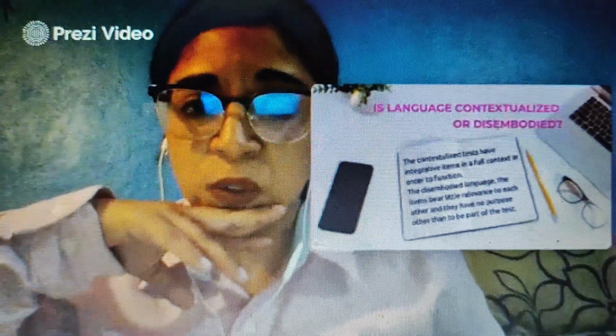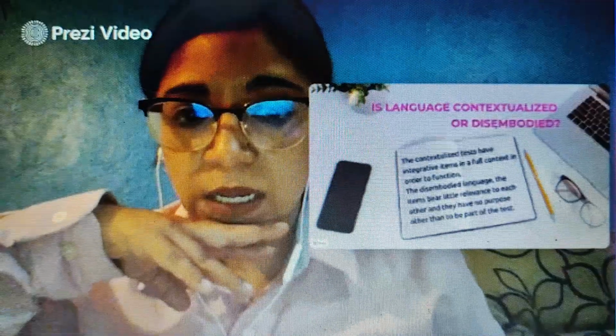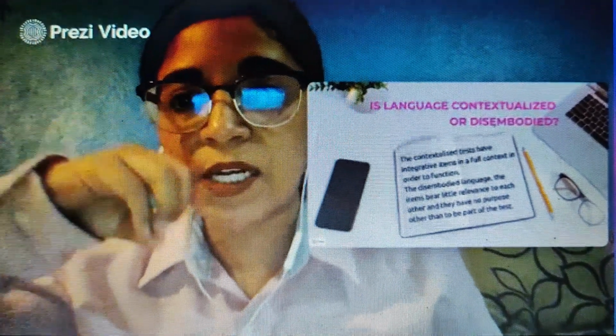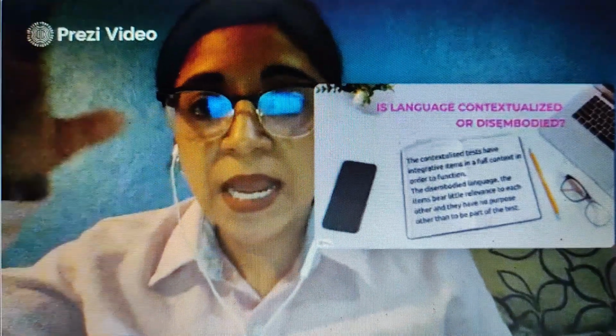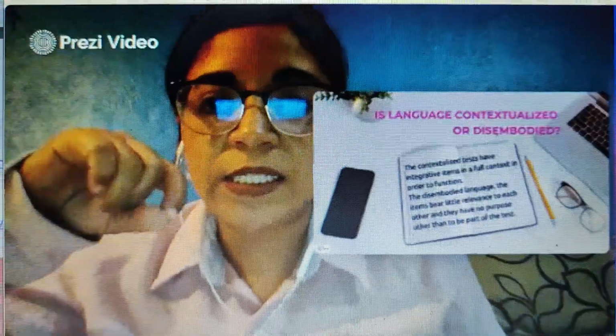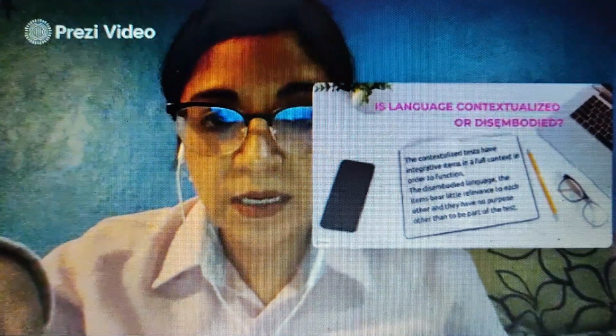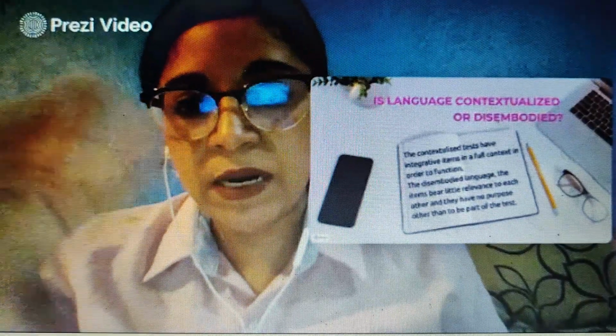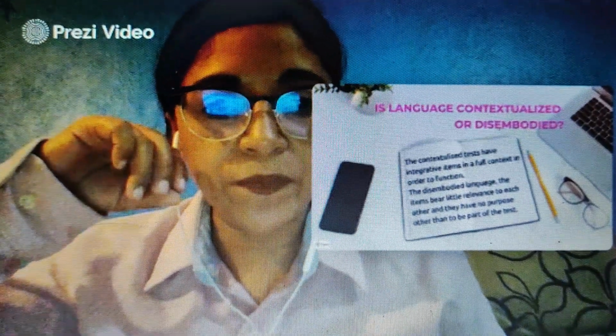So is language contextualized or disembodied? Contextualized tests are those where the items are interpretive within each other. They have some context. And the disembodied kind of test is one where the things that are questioned don't have any relevance within each other.